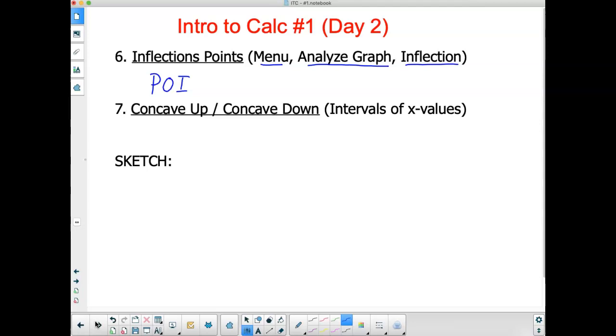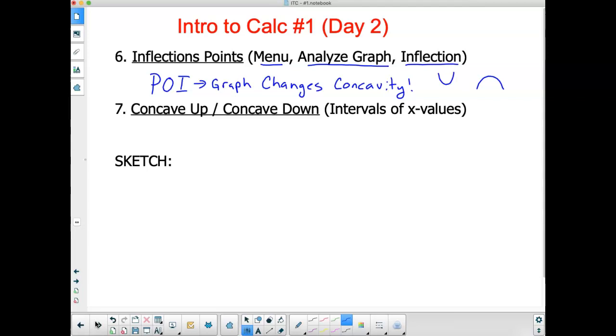A point of inflection is where your graph changes concavity. You're going to go from concave up, or a bowl-looking figure, to concave down, an umbrella-looking figure.